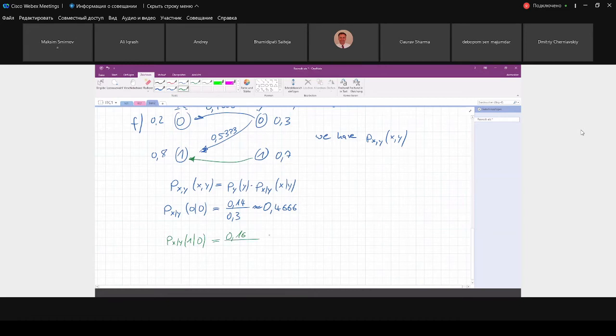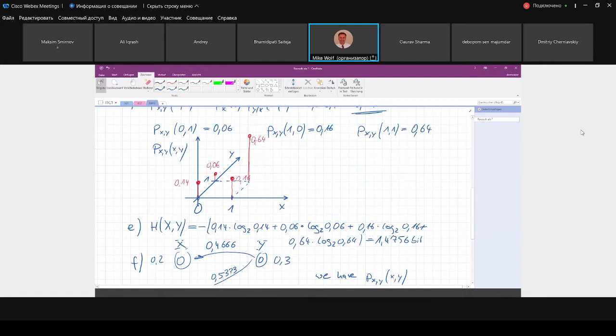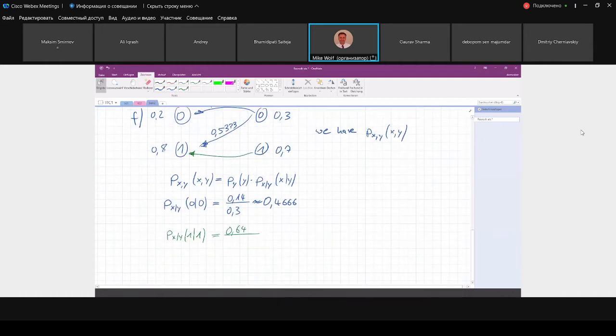You have to correct me if I make an error, yeah? Divided by the probability of this y, and the green is 1, 1, of course. We wanted to calculate this 1, 1. This is 6, 4, right? 1 and 1 has 6, 4 as joint probability, and then this probability is 0.7.